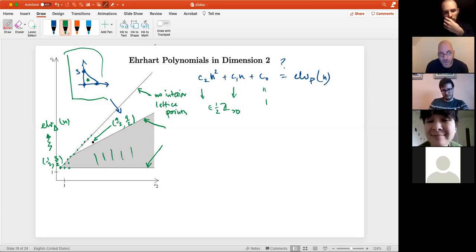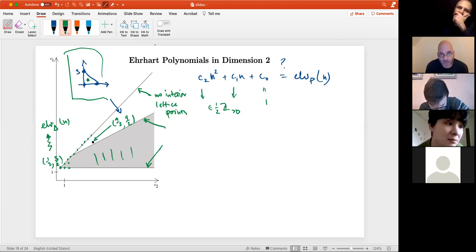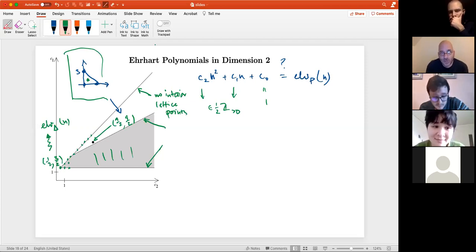We have necessary constraints. So we know we have a finite union of polyhedra, and we know every Ehrhart polynomial has to live somewhere in there.